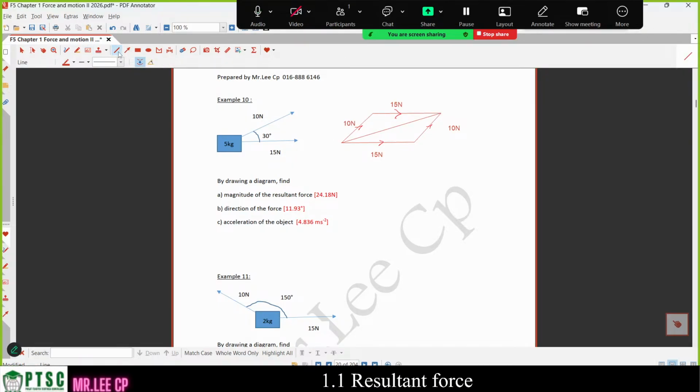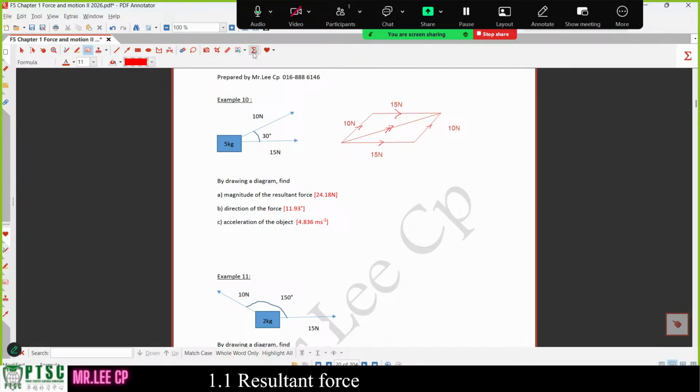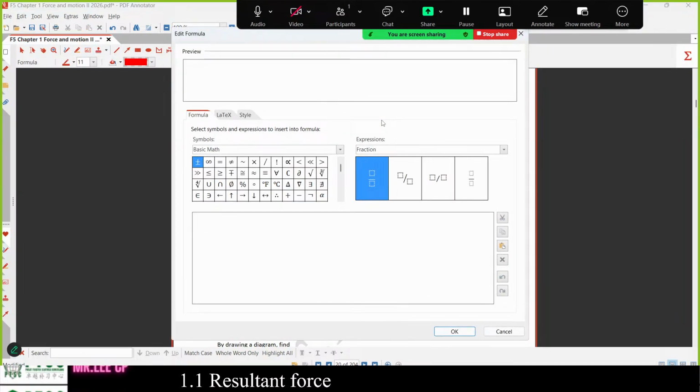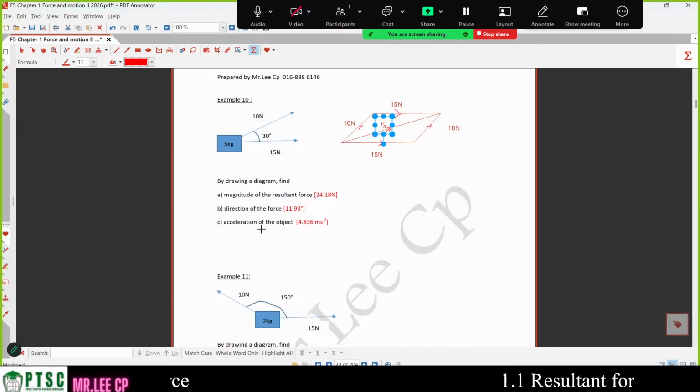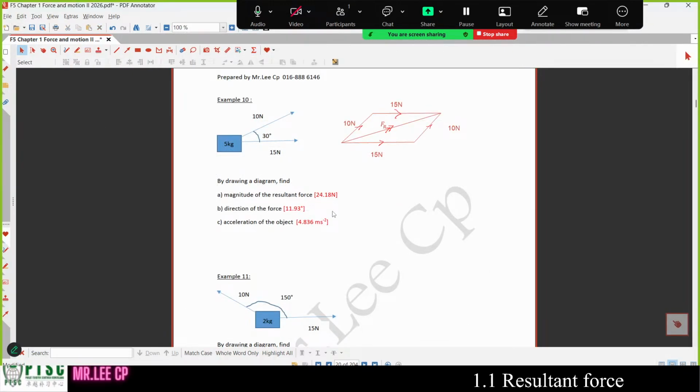Normally for resultant force we use two arrows. I call it FR, resultant force. Okay, now I have drawn it already, so the magnitude of the resultant force, you want to find this resultant force.